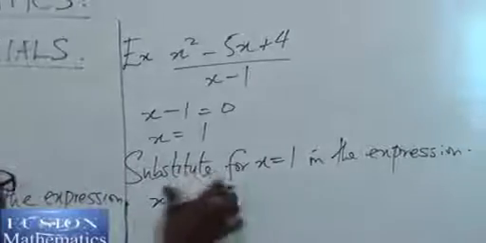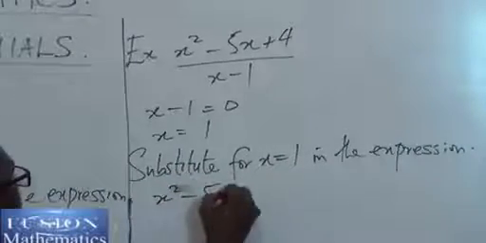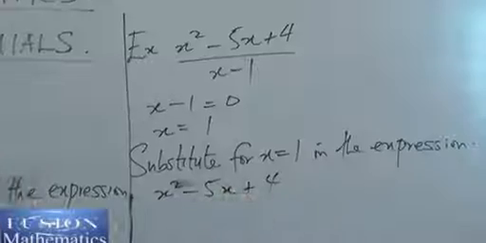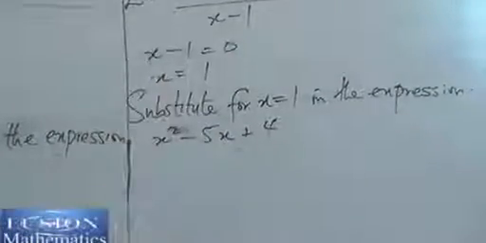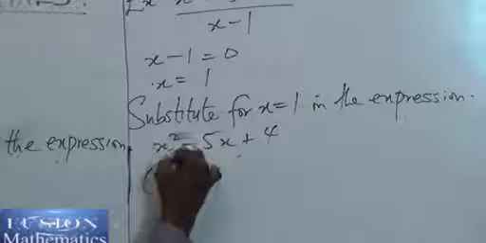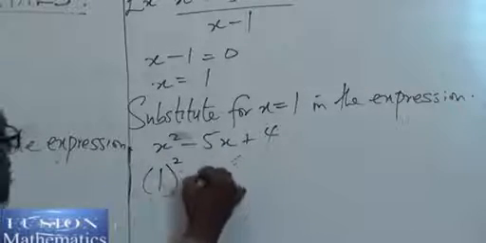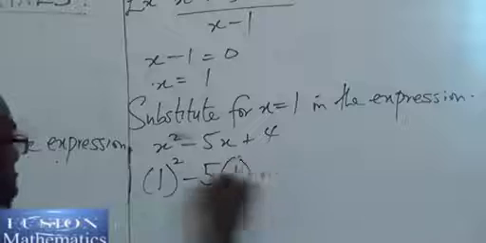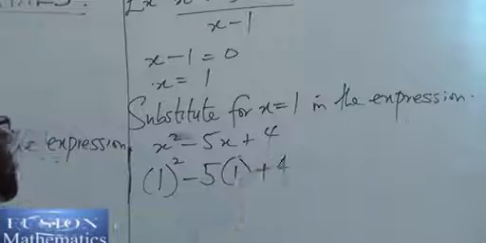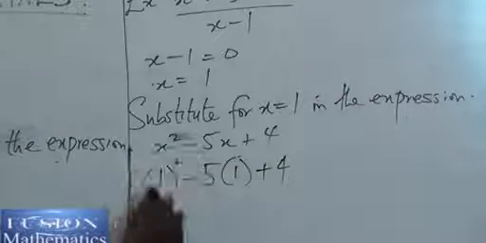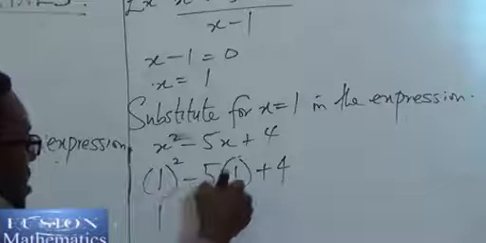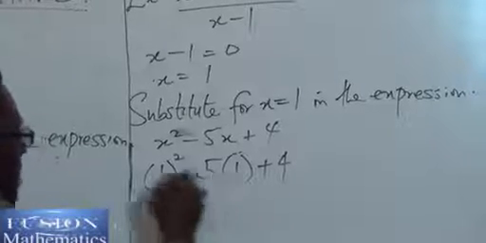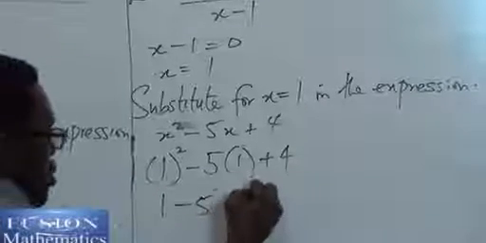x squared minus 5x plus 4. So wherever we see x, we put 1. So that will be 1 raised to power 2 minus 5 bracket 1 plus 4. So 1 squared is 1. 5 times 1 is minus 5 plus 4.